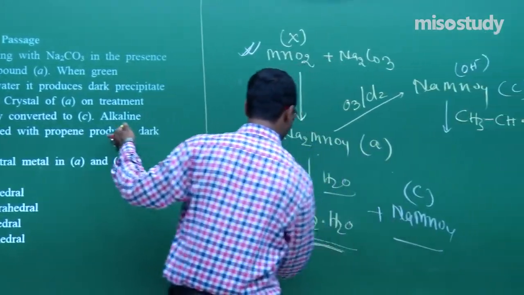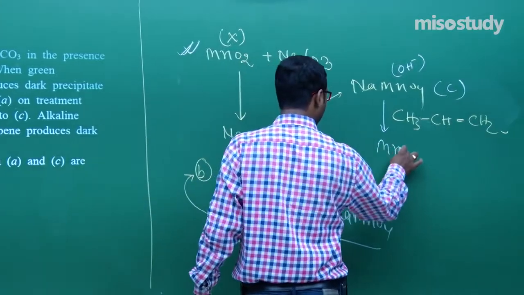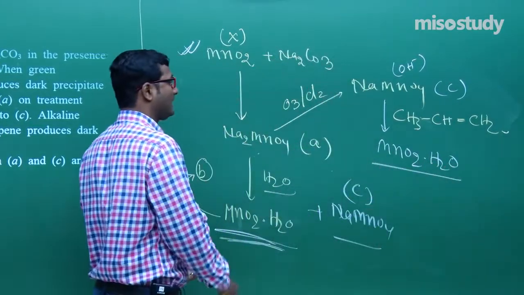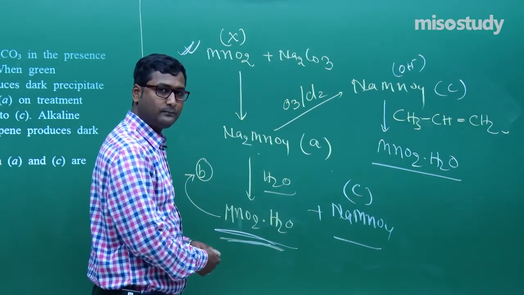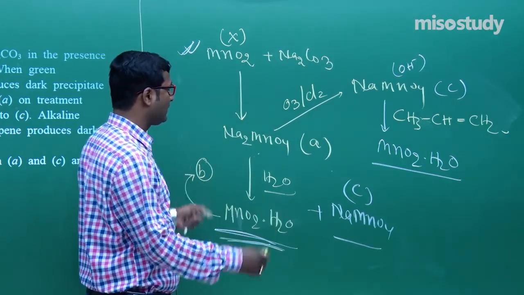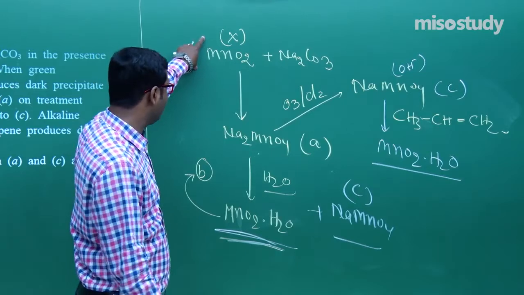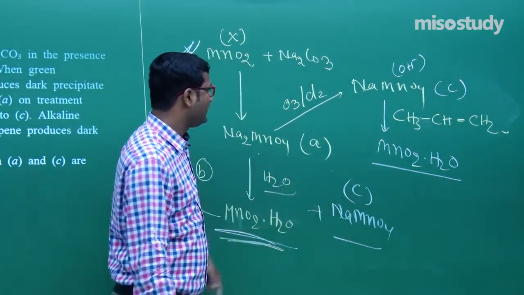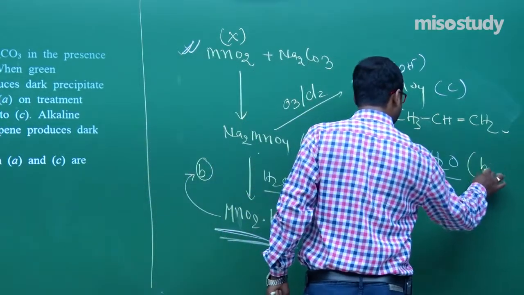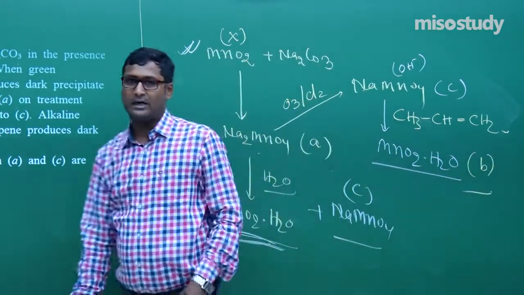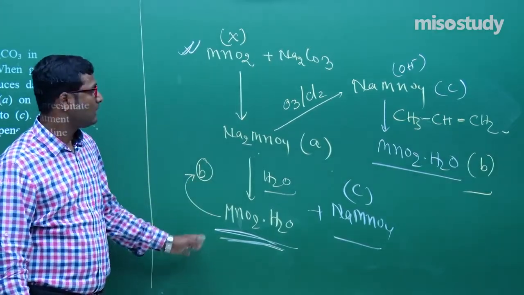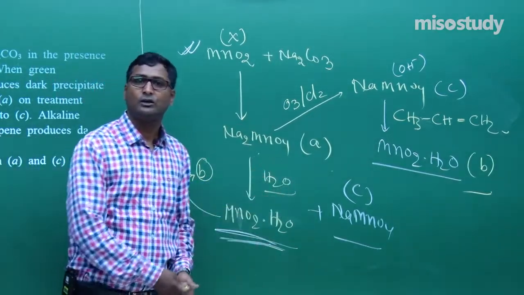Which one is the dark precipitate? This one. It again gives you MnO2 into H2O. Clear to you? Remember this, clear friend? This one is X, this one is A, this one is B, and this one is C. Again it produces B. Clear? Look at the things, check the things. I think you can easily solve. Look, this is a completely theory based question.